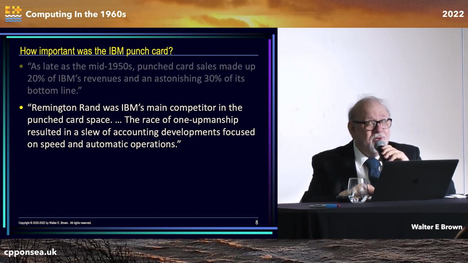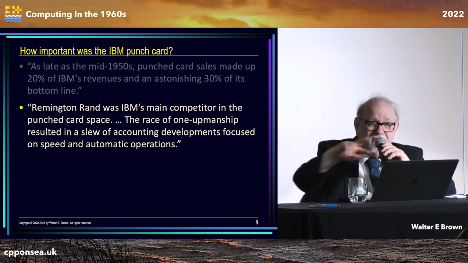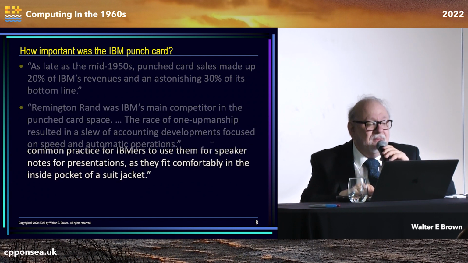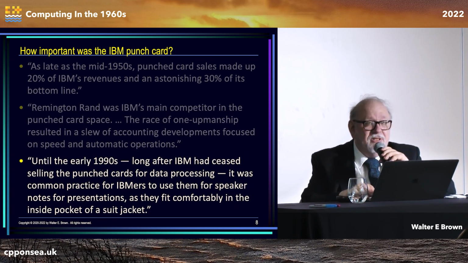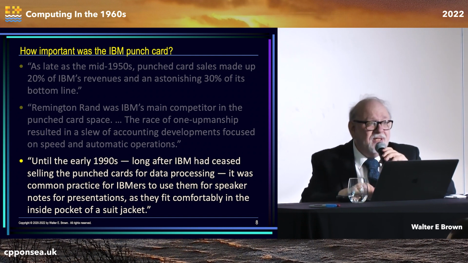Their card was 45 columns times 2: 45 across at the top and 45 across at the bottom. That's a Remington Rand punch card. Until the early 1990s, people from IBM used to use punch cards for speaker notes because they fit very conveniently in a suit coat pocket.